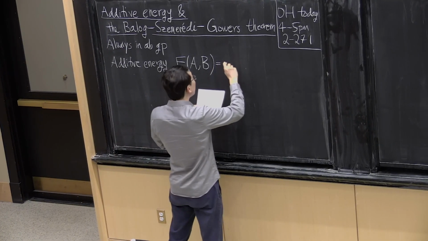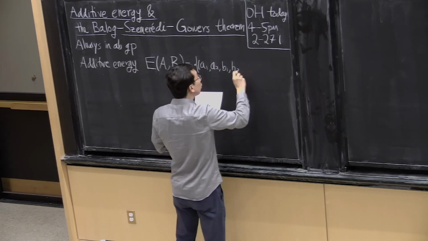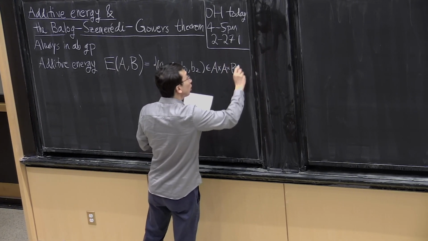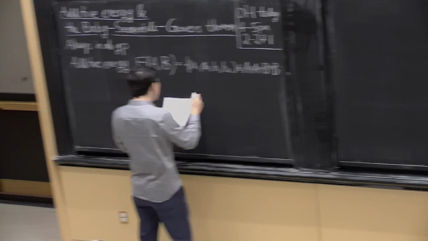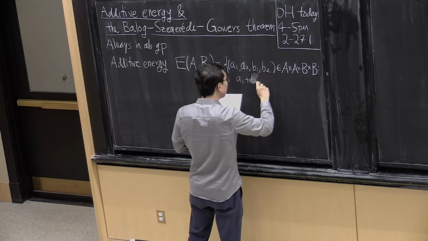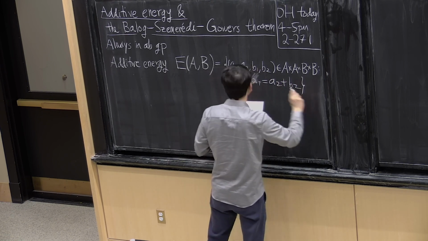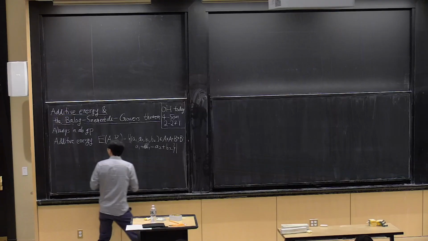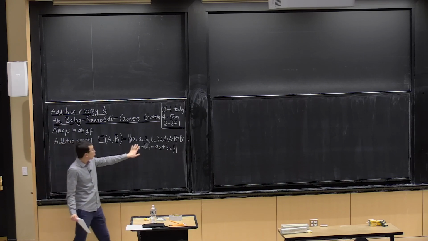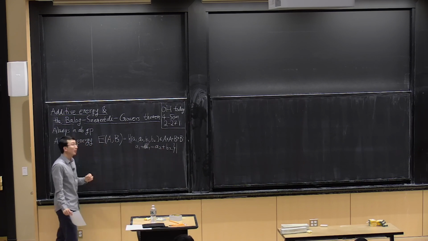E of A and B is defined to be the number of quadruples (a1, a2, b1, b2), where a1 and a2 are elements of A, and b1, b2 are elements of B, such that a1 plus b1 equals a2 plus b2. Okay, so the additive energy is the number of quadruples of these elements where you have this additive relation.